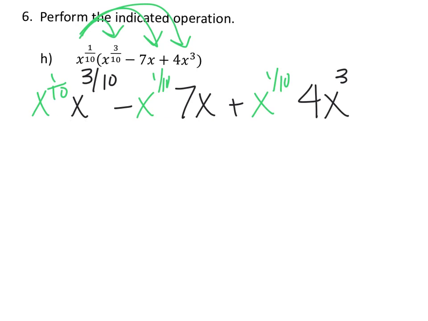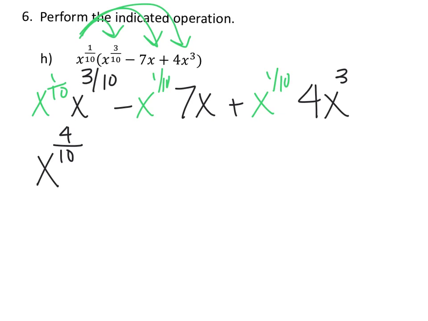So if we look at the first product, we're multiplying two terms with the same base, so we're going to add the exponents. And the exponents are already set up to have fractions with the same denominator, so all we need to do is keep the denominator the same and add the top. 1 plus 3 equals 4. Now here in the second product, we have x to the 1/10 times 7 times x.